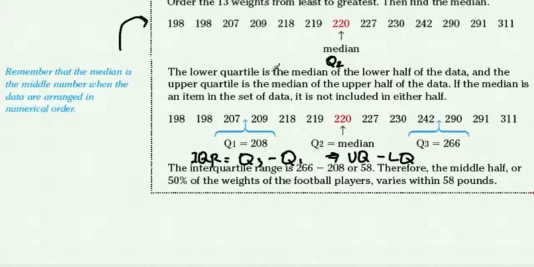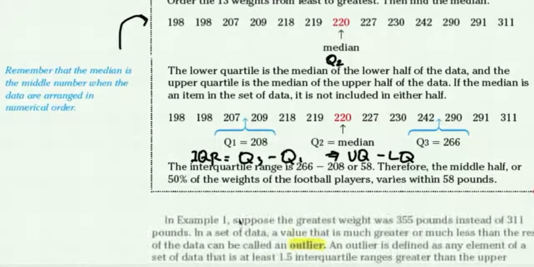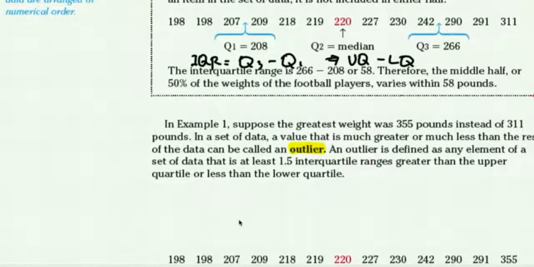So moving on, in example number 1, suppose that the greatest weight was 355 pounds instead of 311. In a set of data, a value that is much greater or much less than the rest of the data is called an outlier.